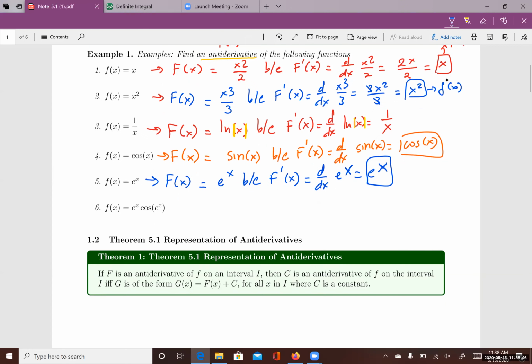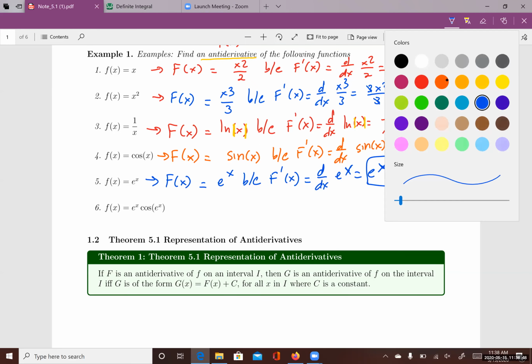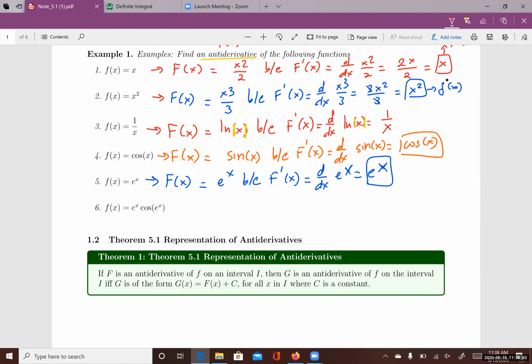Last one. If you have the function e to the x times cosine of e to the x, what is your guess for an antiderivative of this function? The antiderivative of cosine is sine, and you have e to the x out here, so you can combine them together.